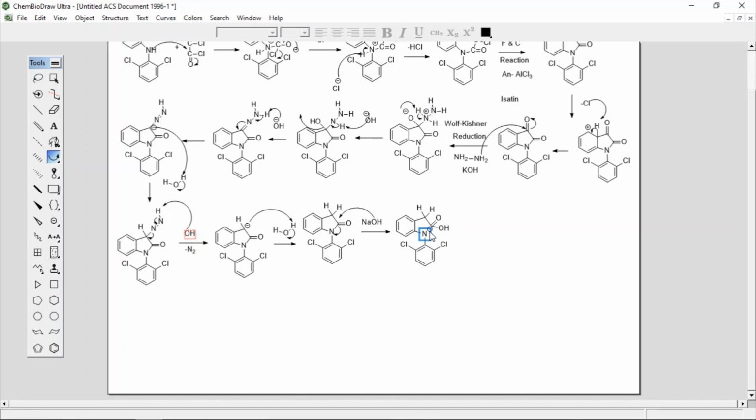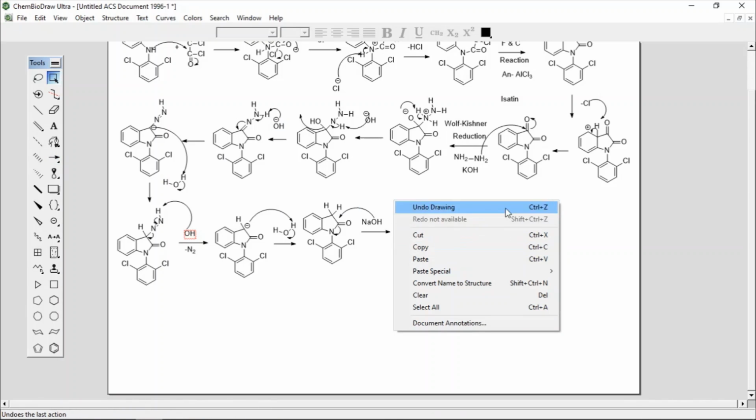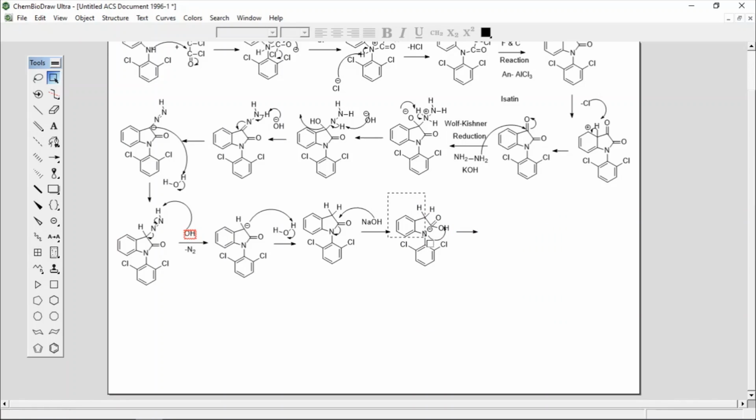So it takes this hydrogen from that hydroxy group, and it will convert to NH. There is a negative charge on this oxygen.